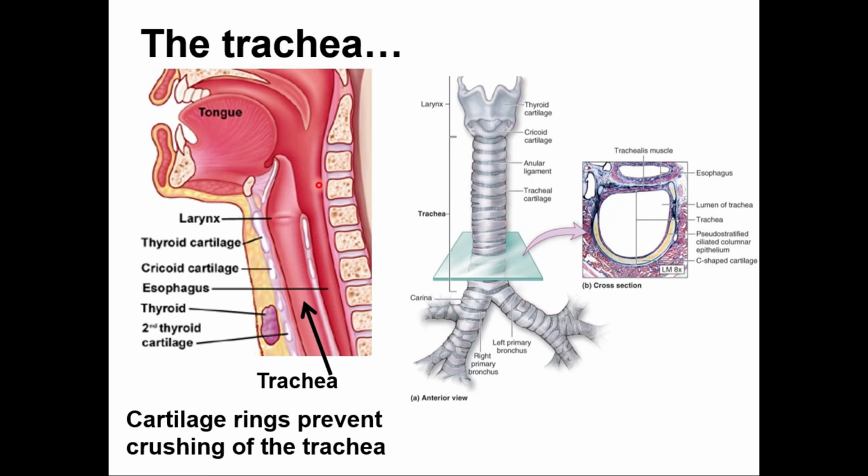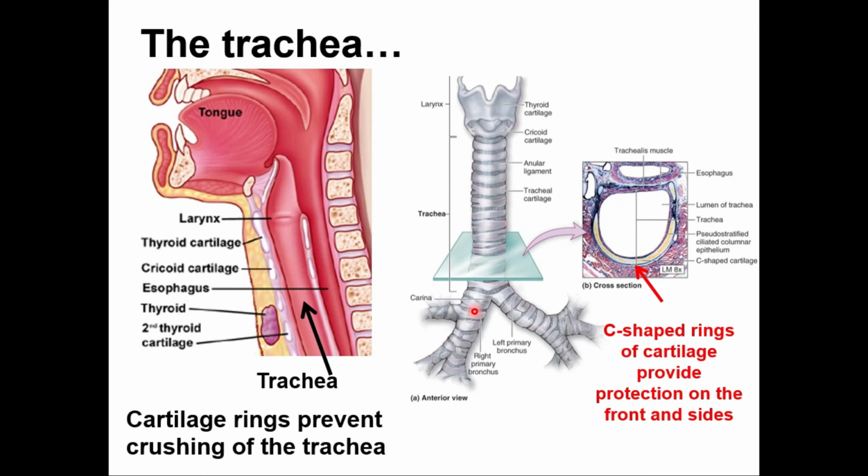The trachea is the passageway for air to and from the lungs. As we can see here, this is the passageway from the larynx towards the bronchi. It is lined with ciliary hair which sweeps foreign matter out of the pathway. It is only about 1 inch in diameter and almost 4.5 inches long.